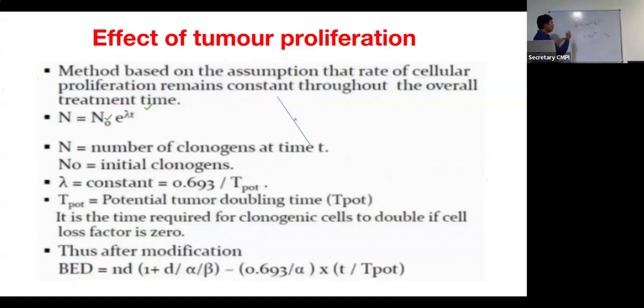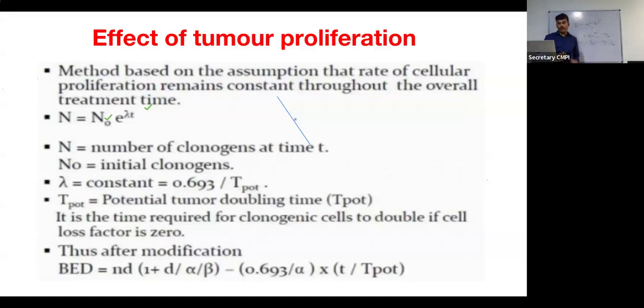So then, of course, you have to incorporate this in your BED equation for the tumor. So BED is equal to ND into 1 plus D by alpha by beta, minus, because the net BED is losing because of the proliferation, 0.693 by alpha, T by T potential.